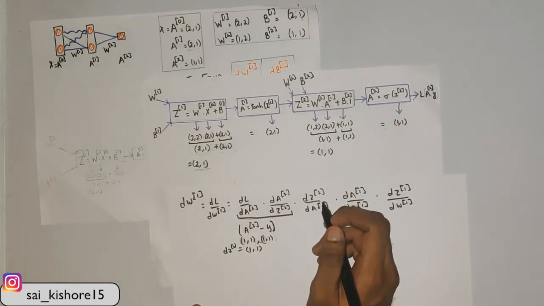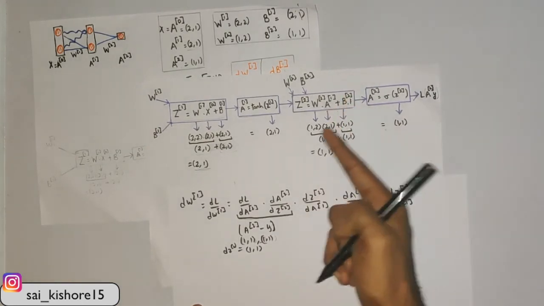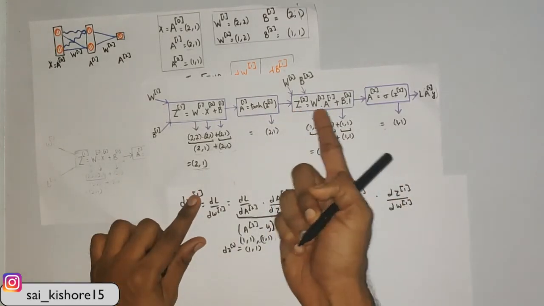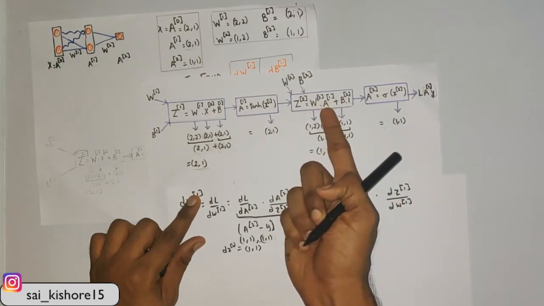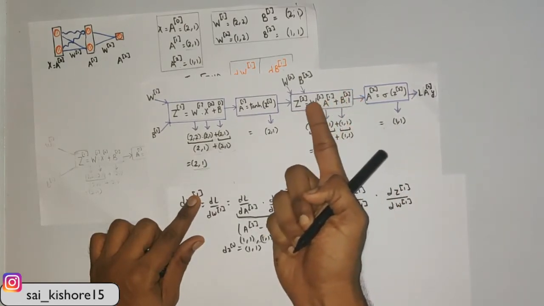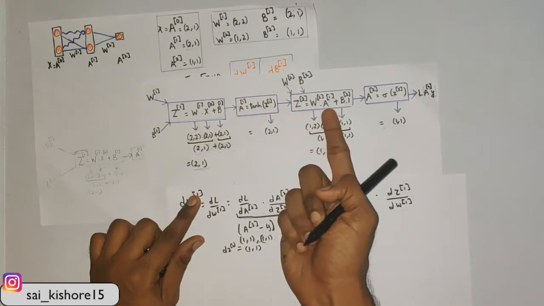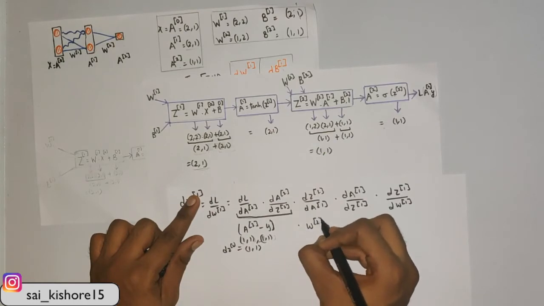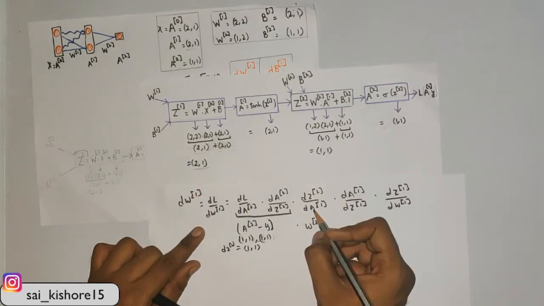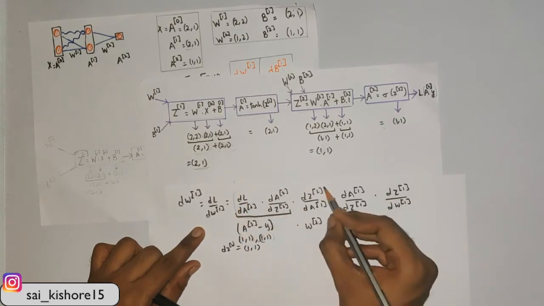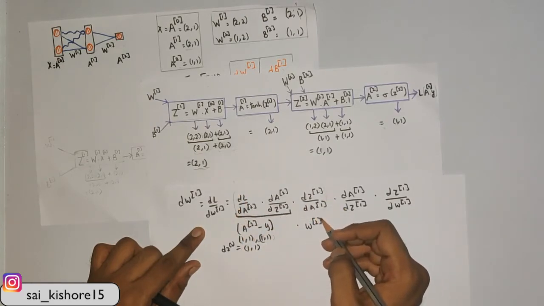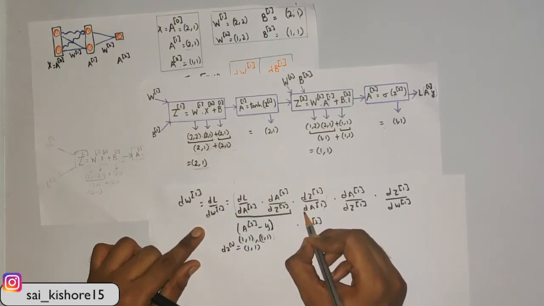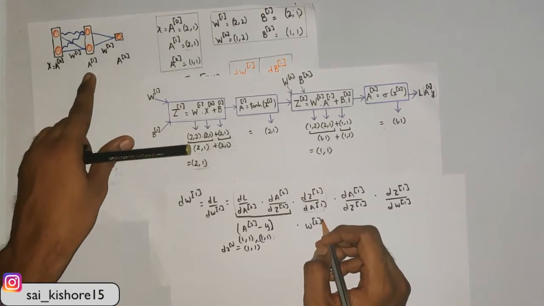The next portion is the gradient of dz2 with respect to a1. So when you differentiate this function with respect to a1, this term is 0 and you are only left with W2. So W2. Now what are we computing here? This whole term is nothing but the gradient of the loss function with respect to the activation of the first layer.